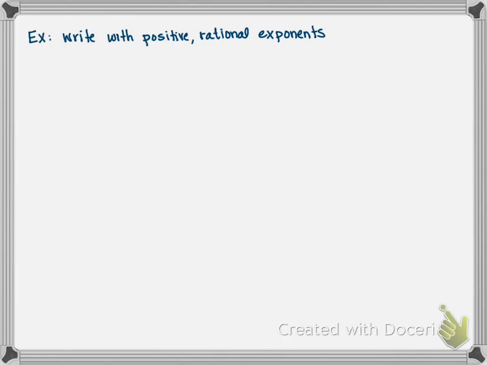They're saying that instead of having radical form, we want to write this in exponential form. This is another thing to look out for in the instructions, because there's no more simplified version as far as radical form or exponential form. You really just have to read what they tell you to do. If they say write with rational exponents, that tells you you don't want any radicals in your answer. If they say to write it in radical form, then you want to write it in radical form. So we're going to start with this one.